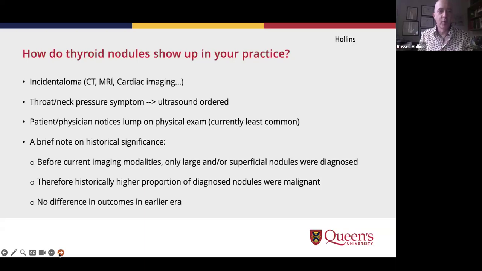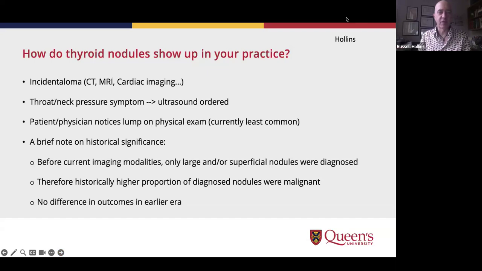So how does this show up, and what is the difference? In the literature that precedes the last 20 years or so, the relative number of malignant cases in nodules was higher. This is because before the advent of routine use of sensitive imaging, people didn't come in with a thyroid nodule unless they had a physical finding or a symptom directly related.